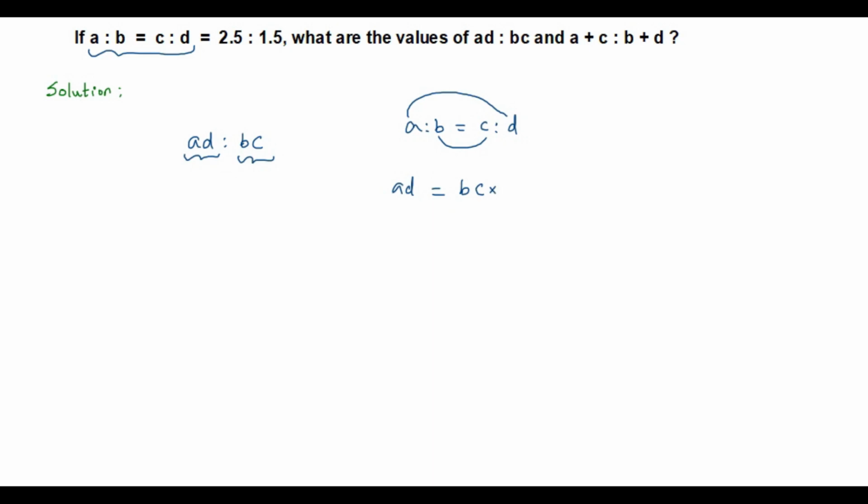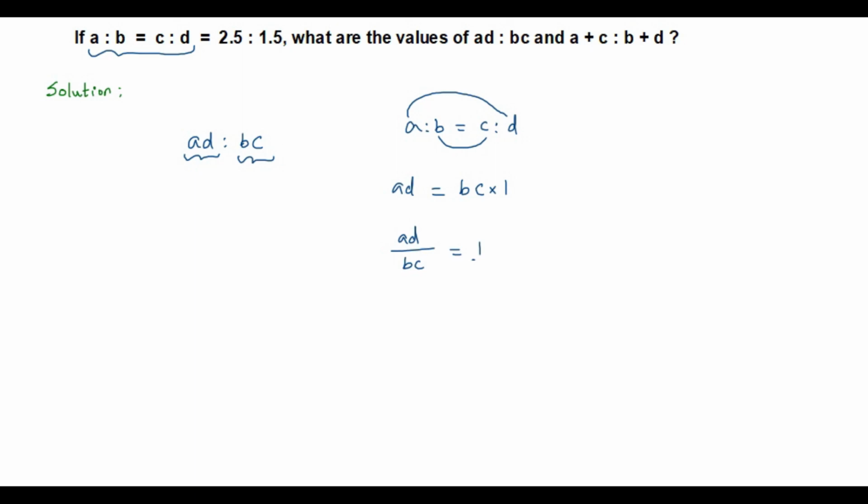Here I assume there is 1 multiplied on the left side. It won't make any change in the value because BC times 1 is BC. Now BC is multiplied by 1. If this BC comes to the left side of the equation, it will become division. So AD divided by BC is equal to 1.